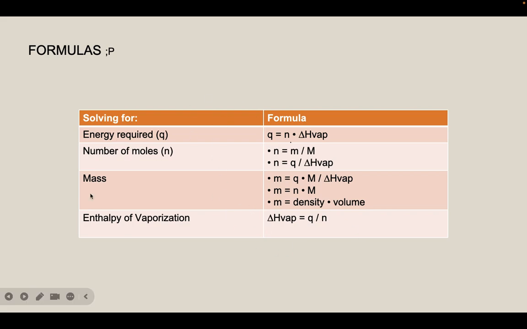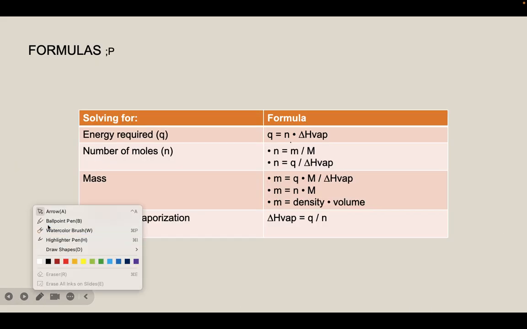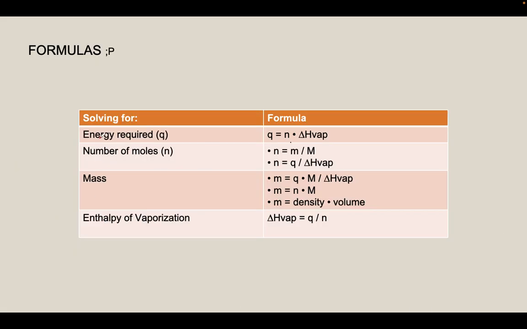So, first, we have the energy required. Kapag it talks about energy or heat, automatically it's Q. And always remember, if we're talking about energy, the unit of measurement is kilojoule.